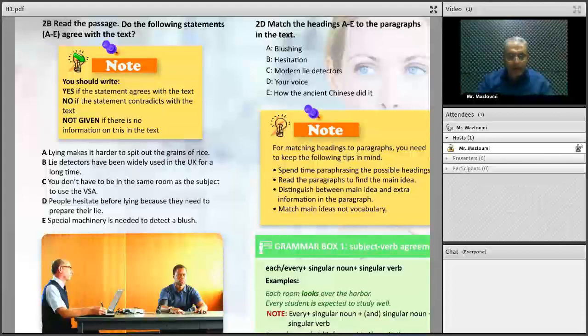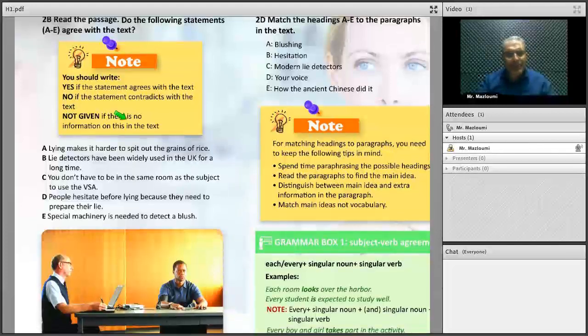You should write not given if there is no information on this in the text. So NG or not given means not mentioned. You can't find anything in the text.